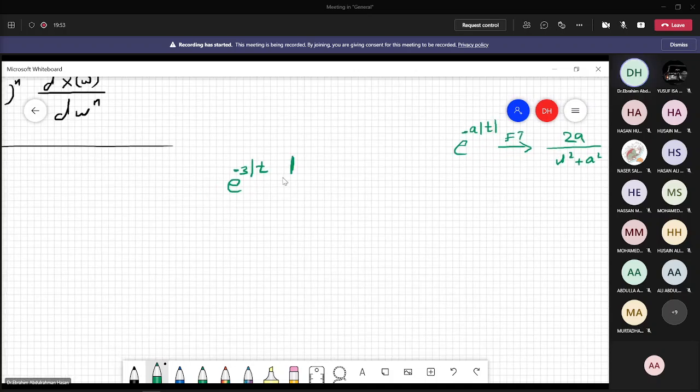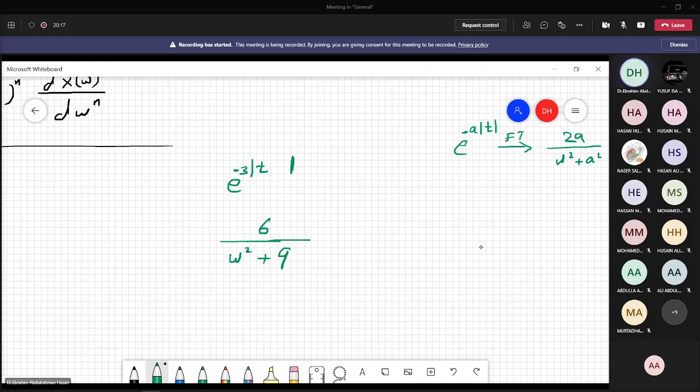So then the Fourier transform for this is equal to 2 multiplied by a, and a is equal to 3, so it is 6, divided by omega square plus a square, which is 3 square, equal to 9.